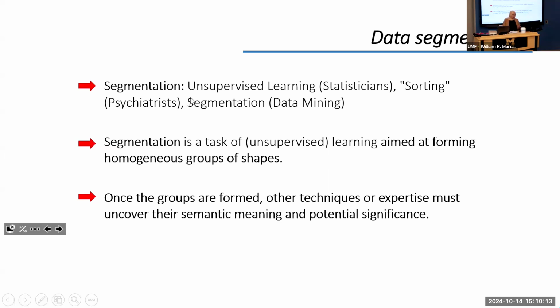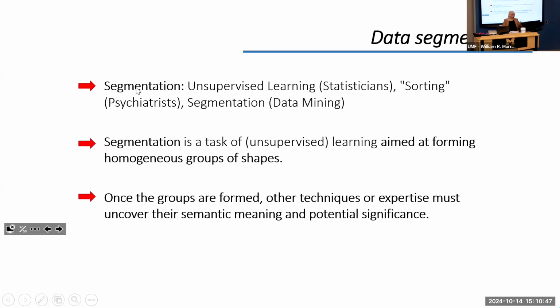So what I'm going to try to do this time is show you different terminologies, because when it comes to data science or AI, many people are sitting at the same table from different expertise. We find statisticians, and they call it unsupervised learning, and it's the same thing, it's segmentation. If I find psychiatrists, they call it sorting, and it's the same thing.